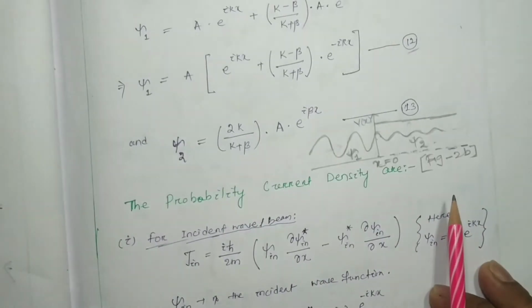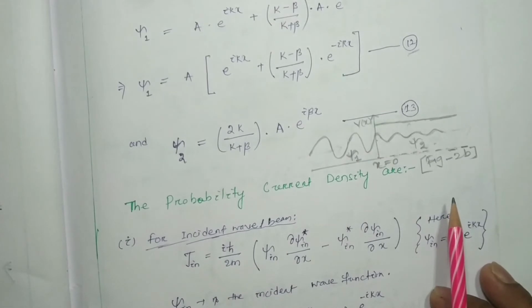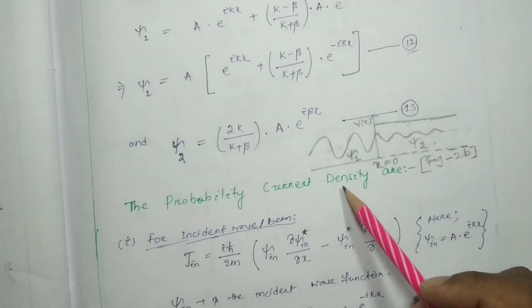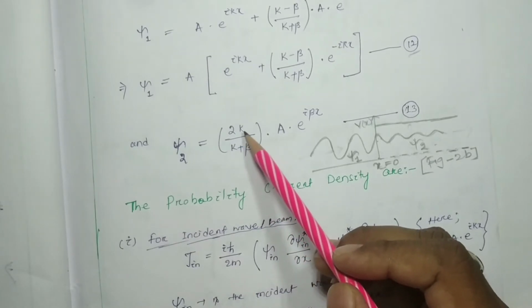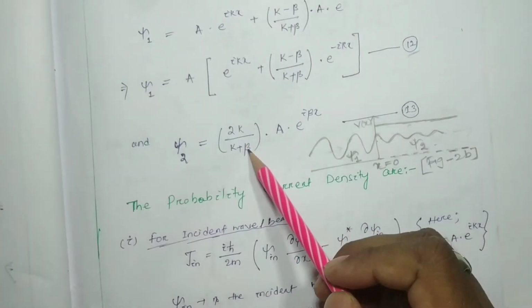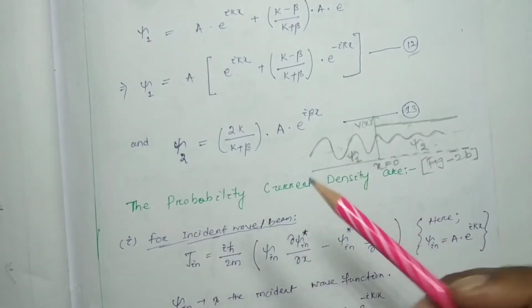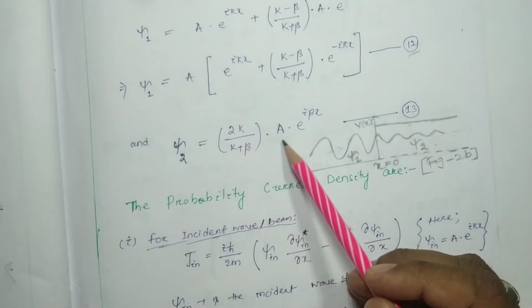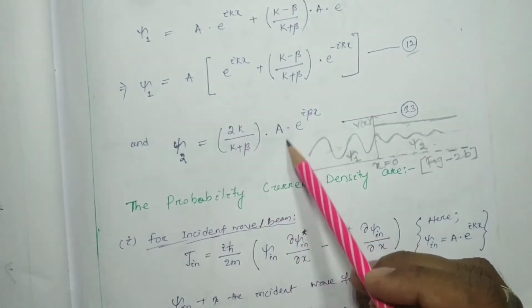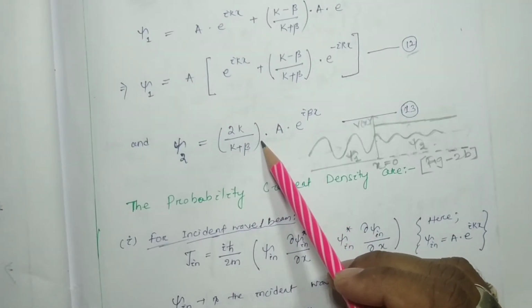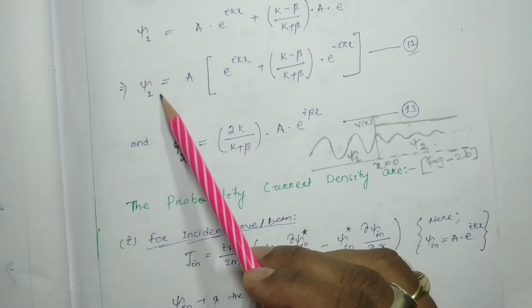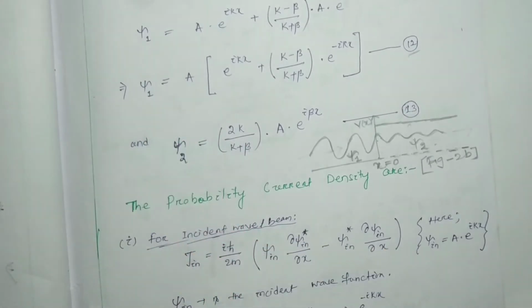Now we have to consider here. You can see one thing: if we calculate the values by putting the values of k and beta, we can find that the amplitude of psi 2 will be less than the amplitude of psi 1.